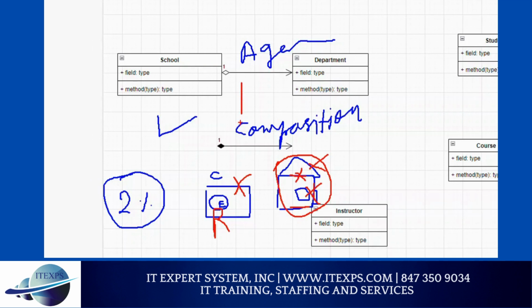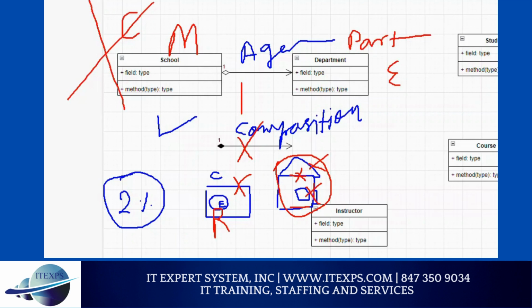You cannot use it because it is destroyed along with the main object. So this is the main object and this is the part. Here if I say car and here I say engine, whether the engine is destroyed or not when I destroy the car is decided by this symbol.